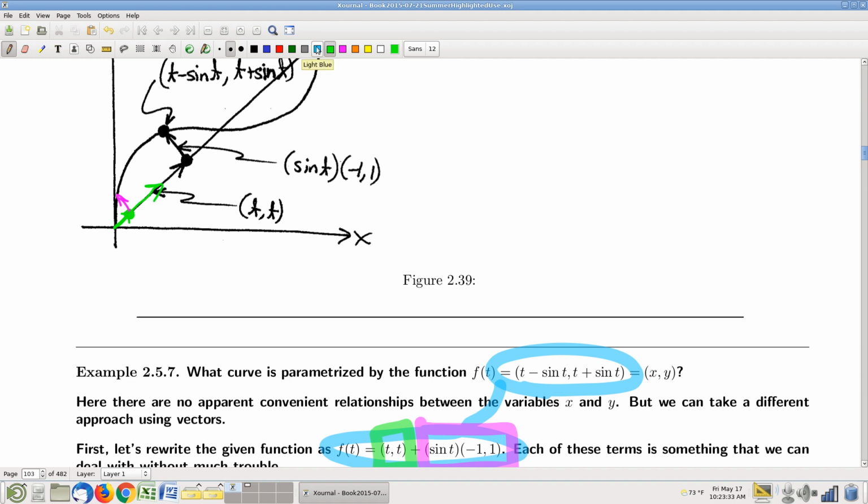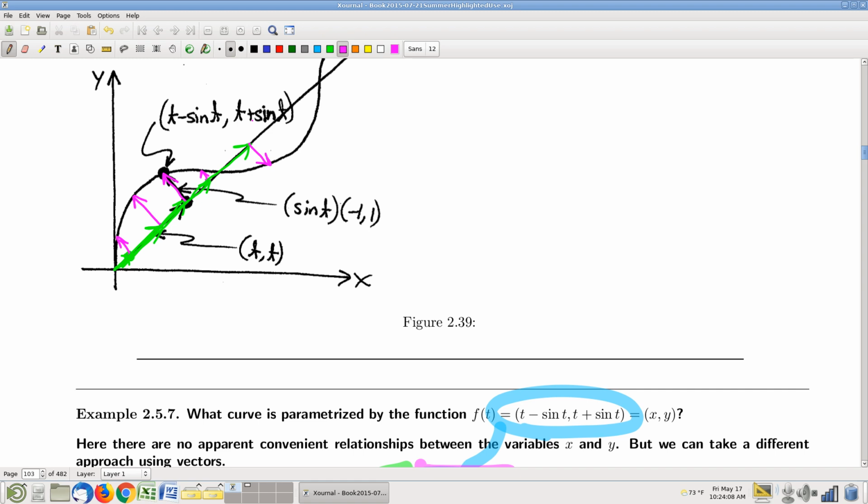Green vector's moved along. Purple vector increasing. Right? And as time continues to pass, purple vector starts to come back down a little bit. Green vector keeps moving along straight away. Keeps going. Time passes to where sine t is negative, etc., etc.